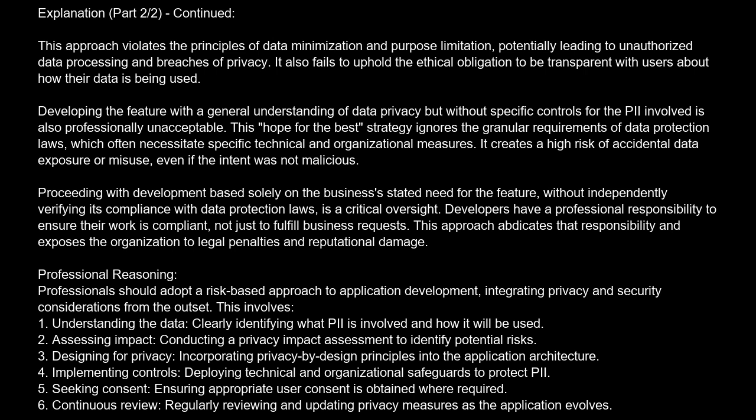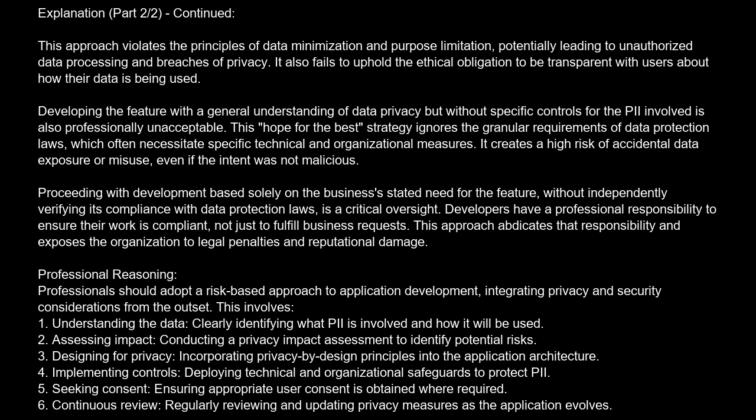Professional reasoning. Professionals should adopt a risk-based approach to application development, integrating privacy and security considerations from the outset. This involves: 1. Understanding the data, clearly identifying what PII is involved and how it will be used. 2. Assessing impact, conducting a privacy impact assessment to identify potential risks. 3.